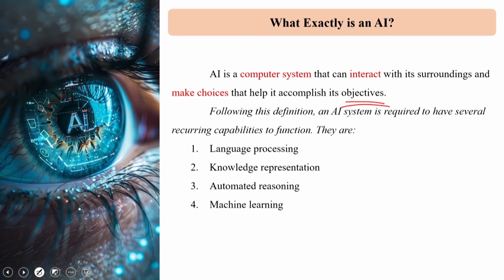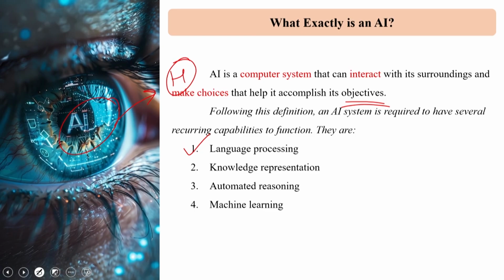Following this definition, an AI system is required to have several recurring capabilities to function. One, language processing. Language processing is nothing but the ability to understand and communicate in a human language, because we are essentially looking into AI which has to have a human angle.